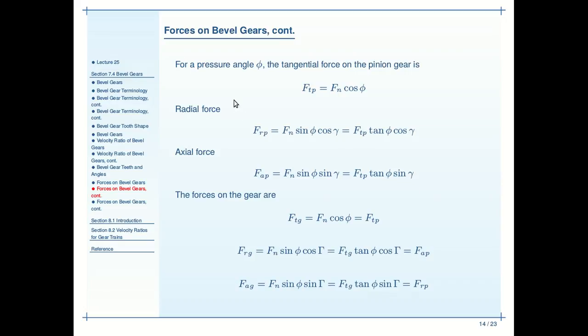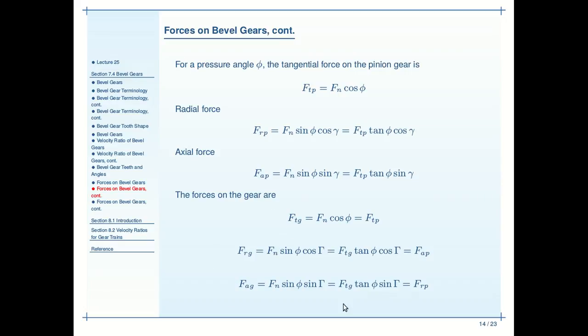But there's not only a radial force and a tangential force, there's an axial force. So these gears are still trying to force each other out of mesh, and you have two forces to contend with as they try to push each other out of mesh: the radial force and the axial force.